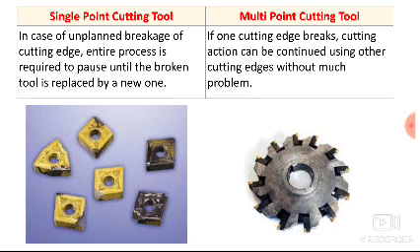That is what is written here. In case of unplanned breakage of cutting edges, the entire process is required to pause until the broken tool is replaced by a new one. So you have to replace this insert with a new one, or you have to change its cutting edge. Whereas in a multi-point cutting tool, if one cutting edge breaks, the cutting action can continue using other cutting edges without much problem.